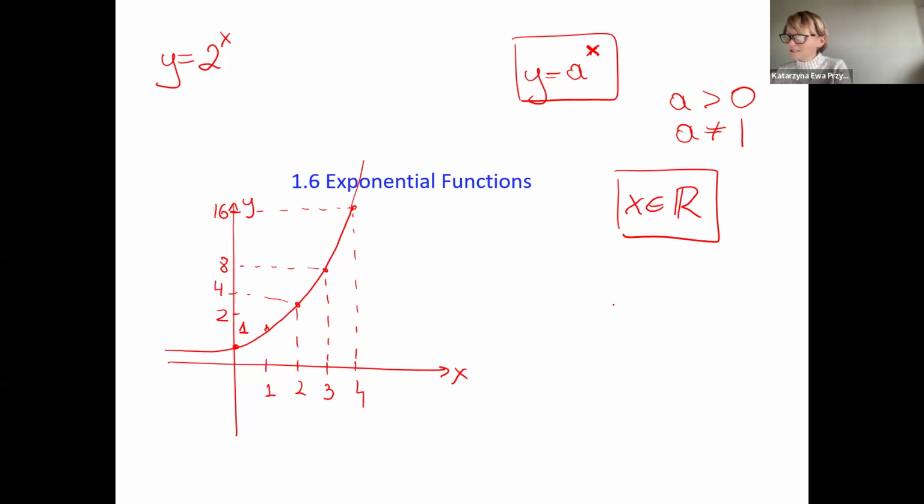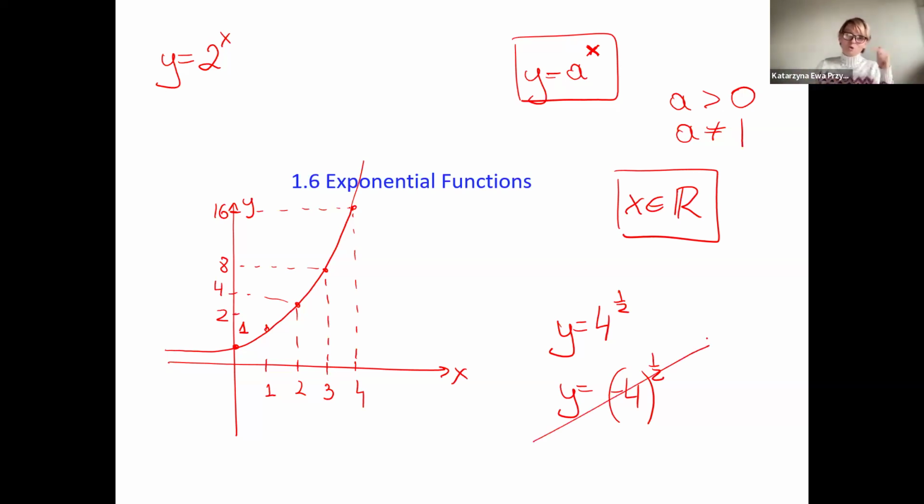Because if x is, for instance, 1/2, let's say we have the function (-4) to the power x. If we have -4, that doesn't exist, because 1/2 is the even root, the square root of -4. We're not using any complex numbers. That's the reason that the base must be positive.